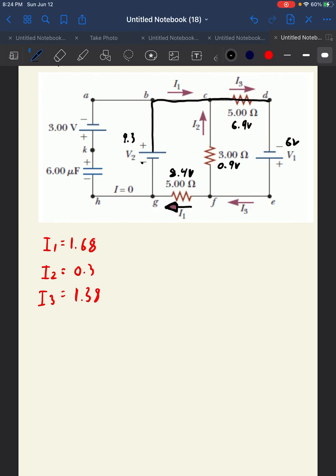So now we can draw an equation for the overall loop like this, and I will show you how we do this.